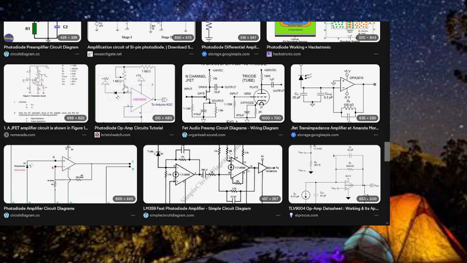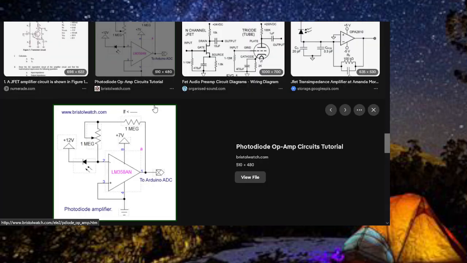Oh, this one looks a little different. This has got plus 12 here. That's a photodiode amplifier, and it looks like it's operated in reverse bias mode.